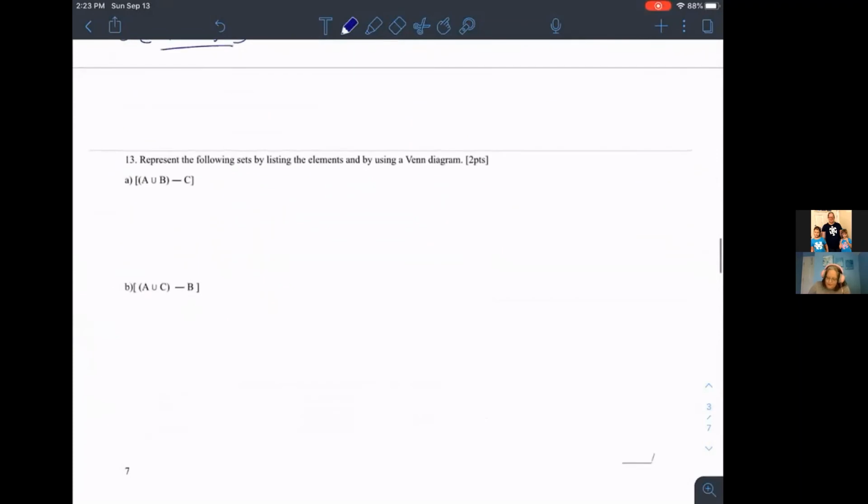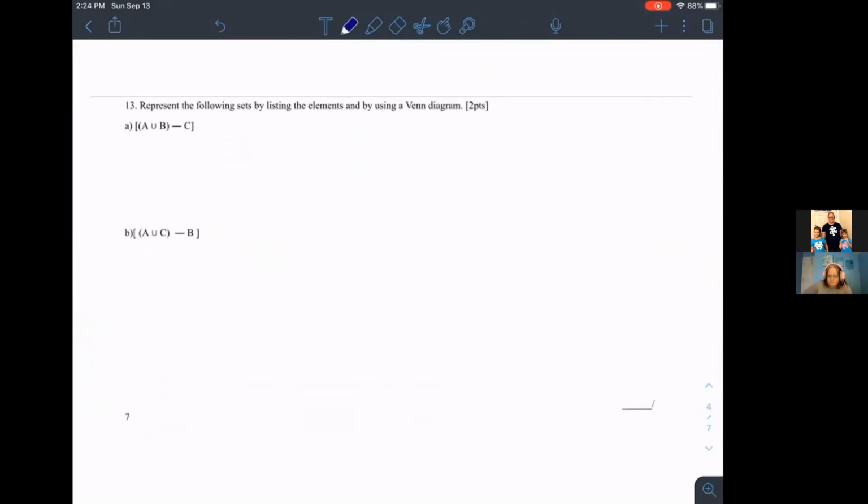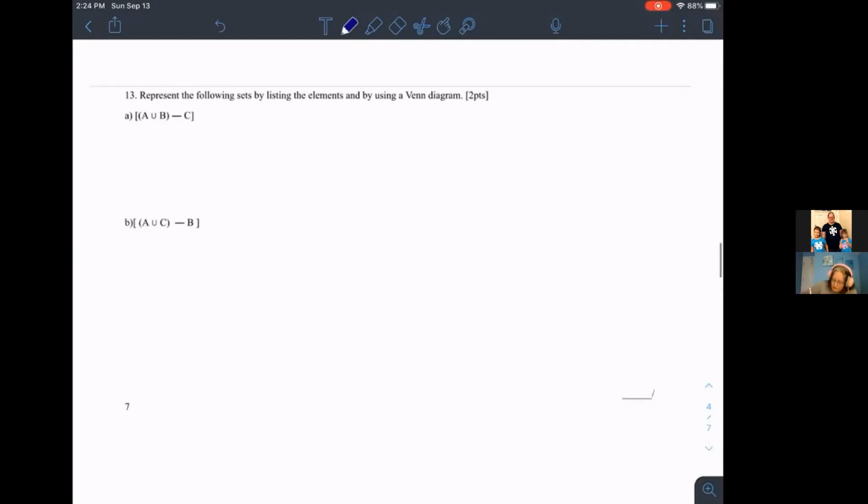Okay, number 13, it says represent the following sets by listing the elements and using a Venn diagram. So let's see, if we have 3 sets, or let's say 4. So one set would be A, A is going to be equal to the set 1, 2, 4, and 5.